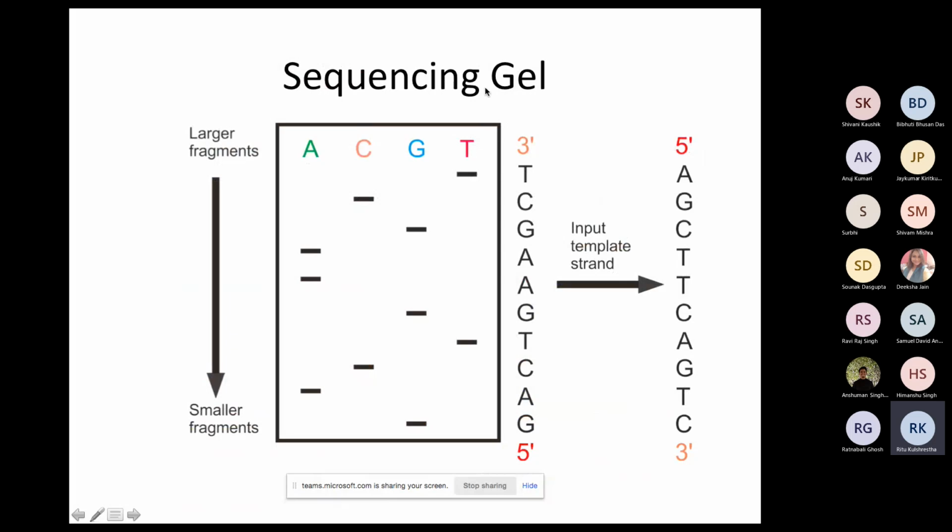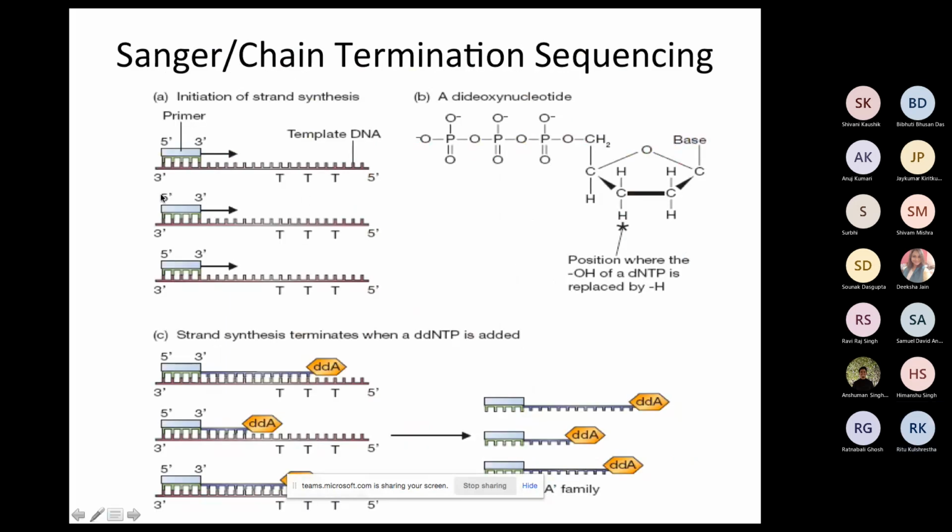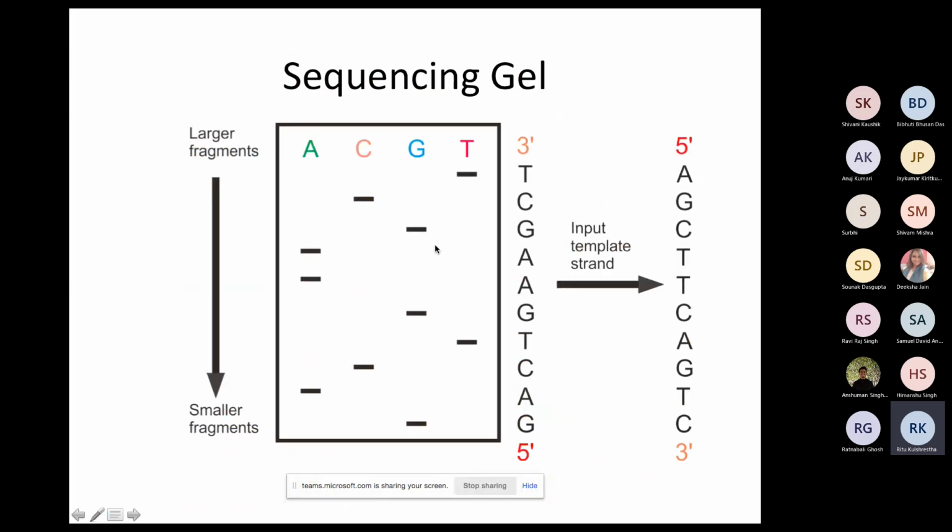Then the products from the four different tubes, I run on a sequencing gel. This is the tube in which I had added ddATP, and in this tube I had added ddCTP, and so on. Because the dideoxy nucleotides are all radioactively labeled, I can now deduce the original sequence of the template DNA by this method.